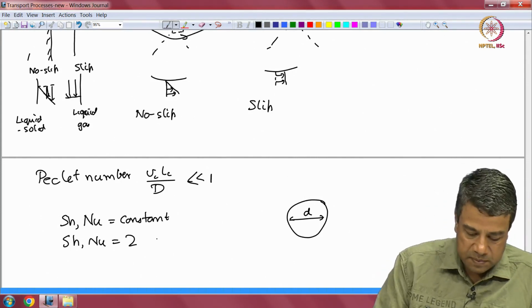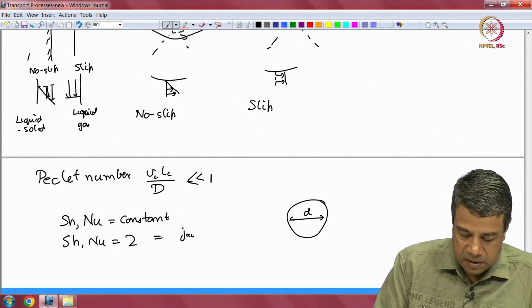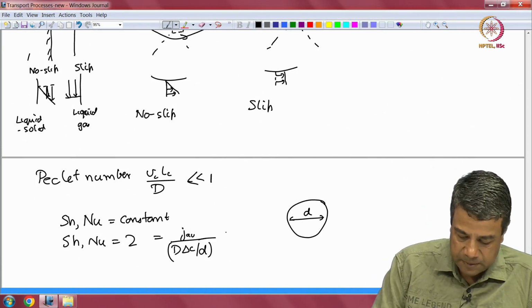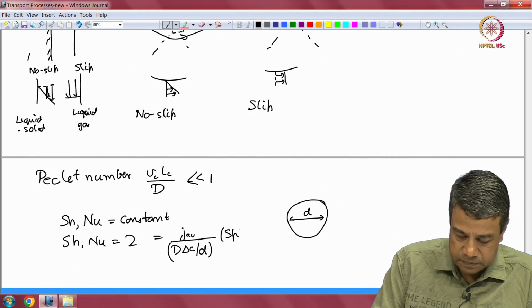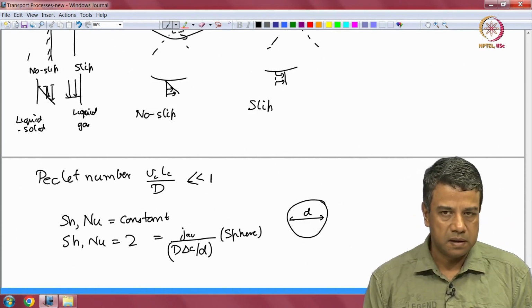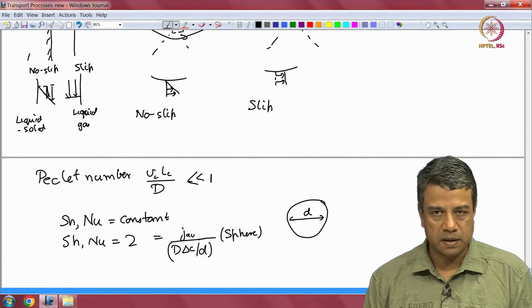This is basically the average flux divided by D delta c by the diameter. For a spherical particle, the diameter is the relevant length scale. This is for a sphere. You could have similar results for other kinds of particles, other shapes of particles and so on.